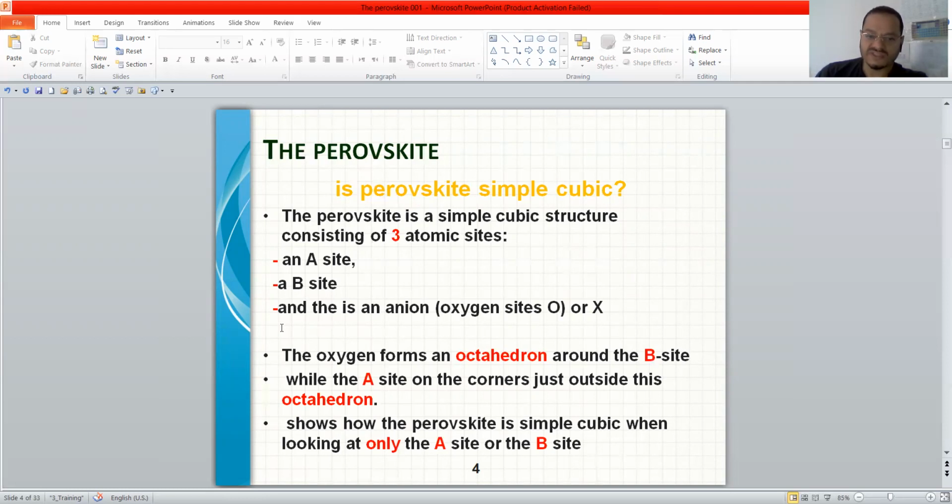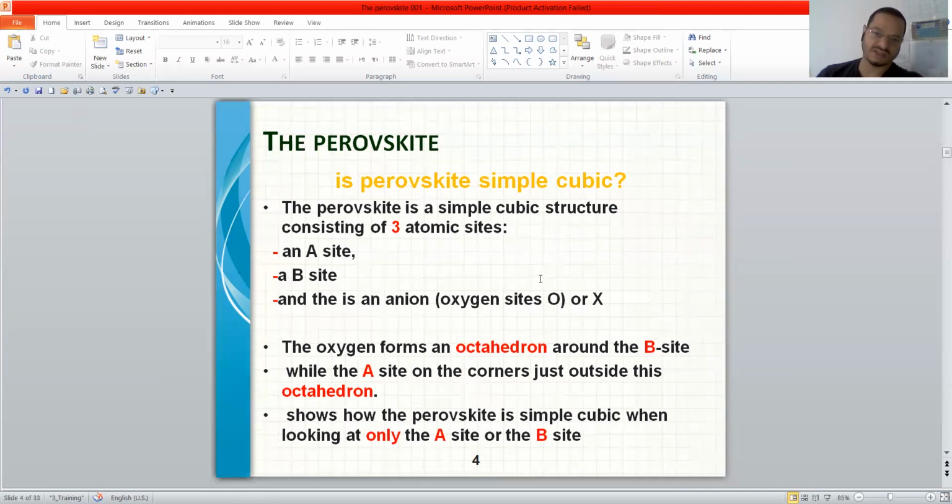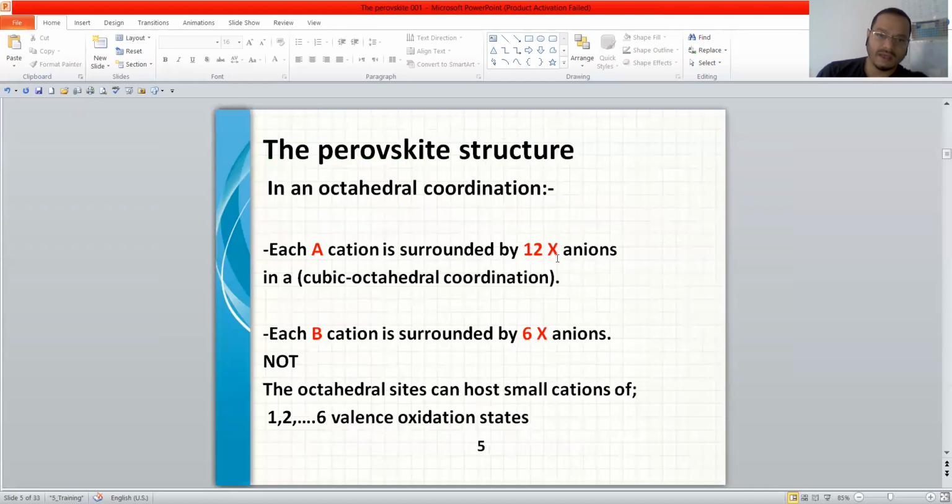This shows how the perovskite is simple cubic when looking at only the A and B sites, or cations we can say. In octahedral coordination, each A cation is surrounded by 12 X anions.